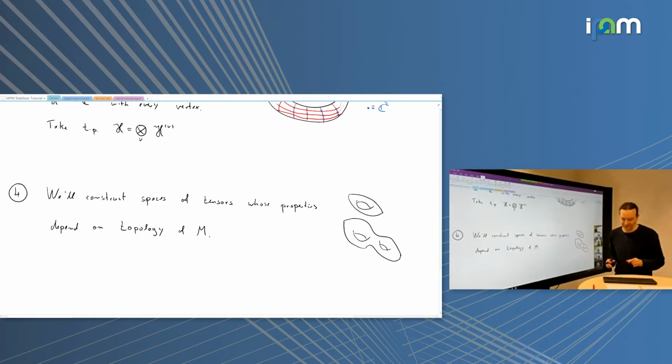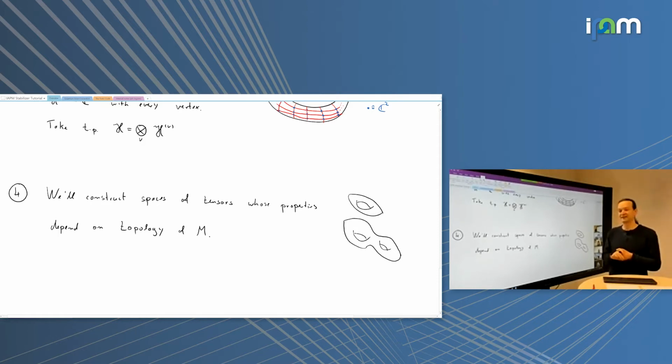So I don't expect anybody to understand this. It's just a teaser, but I think it drives home one point. It's not only that the regime people work in physics when they talk about tensors is very different from the regime in algebraic geometry, not only in that we are interested in tensor spaces with many more indices, but we are interested in tensors with so many indices that the actual number of indices becomes immaterial.